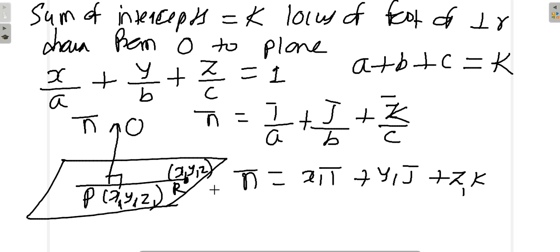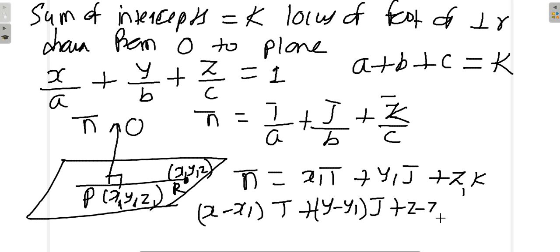If you remember the normal form of the equation, then you have got OP bar dot PR bar is equal to 0. So what is PR bar? It is x minus x1 i bar plus, and so on, this is PR bar. Now PR bar dot OP bar. OP bar is this, isn't it?